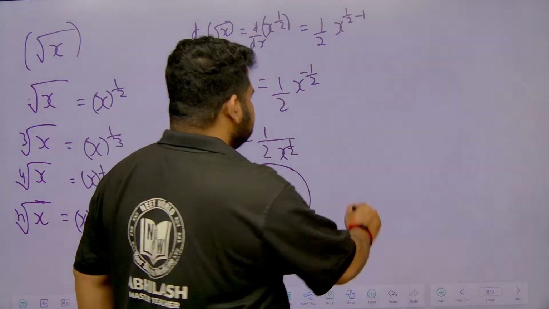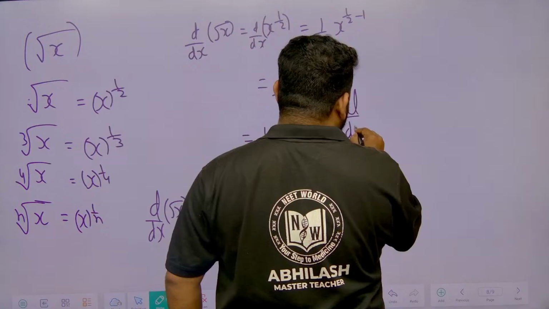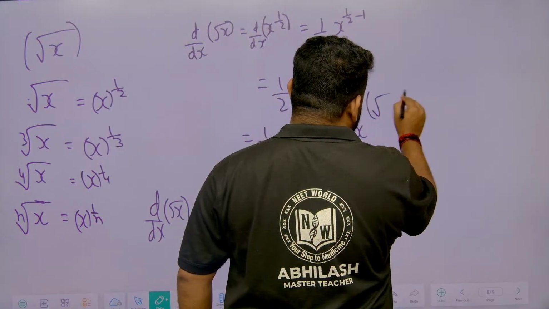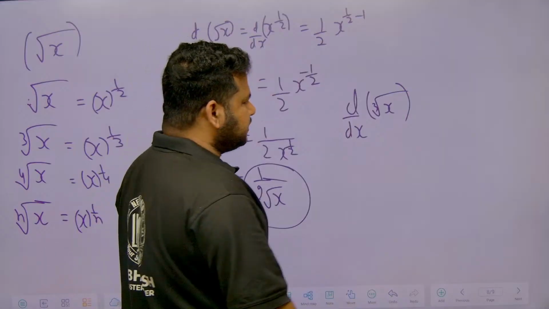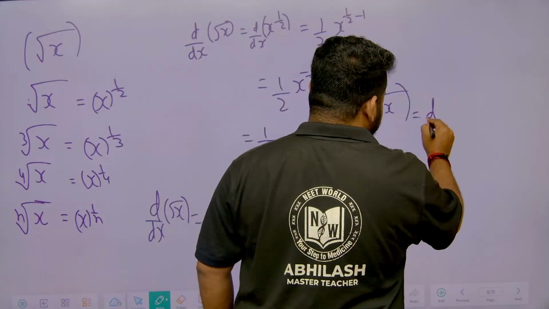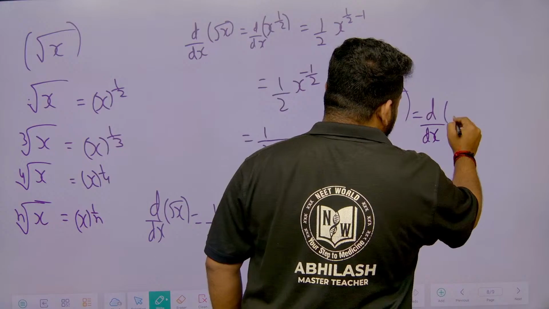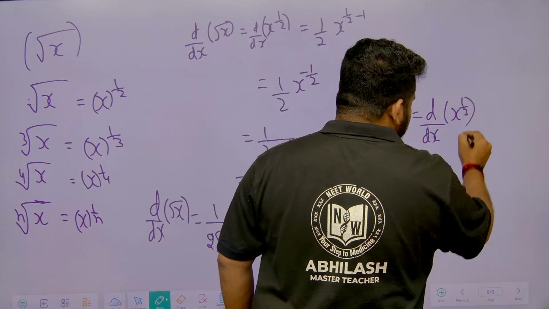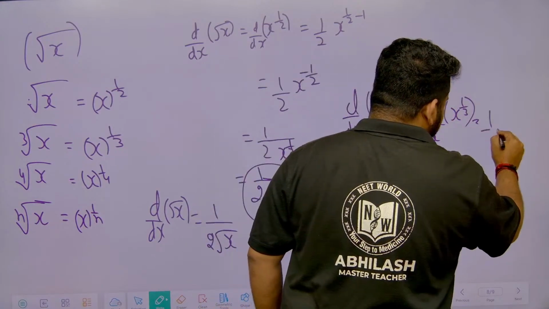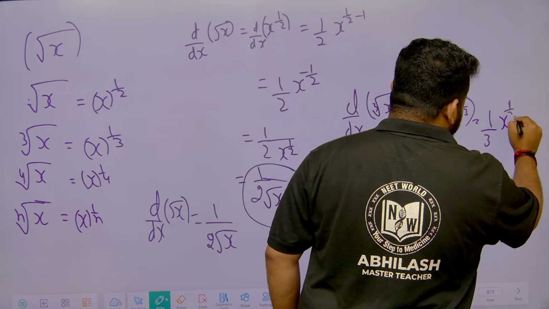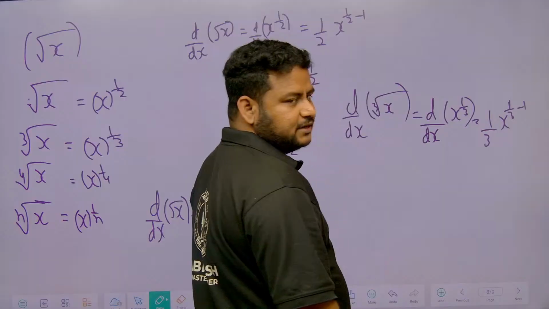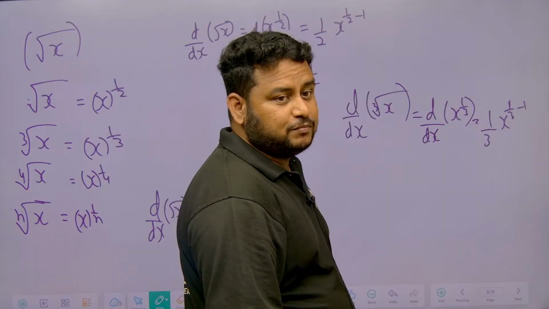Suppose they give d by dx of cube root of x, how do you do it? Just listen. If they give cube root of x, I will write it as d by dx of x to the power of 1 by 3. Now 1 by 3 will come down, x to the power of 1 by 3 minus 1, which I will get as x to the power of minus 2 by 3.